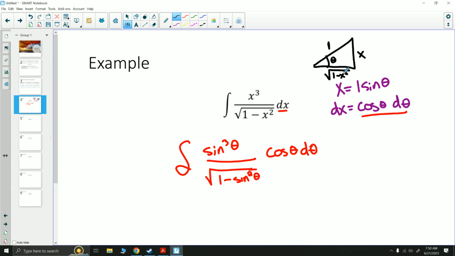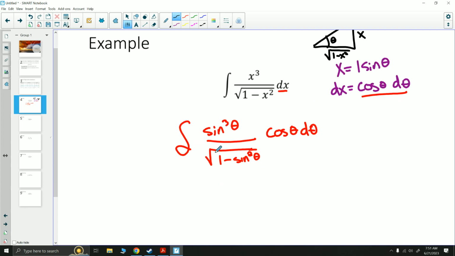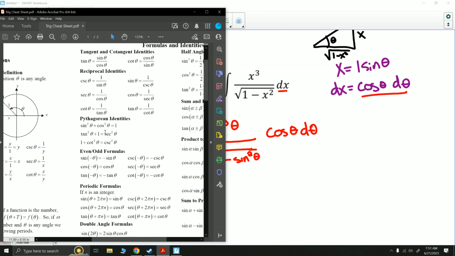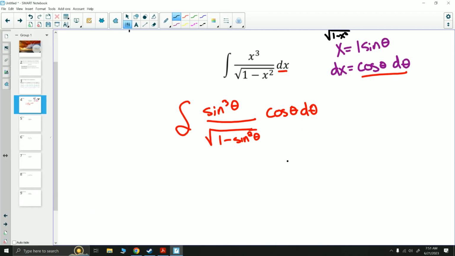So this thing squared plus this thing squared is 1 squared. All right, so we're going to clean this up a little bit. The square root of 1 minus x squared, and we'll use this later. The square root of 1 minus sine squared, well, if we go to our trig identities, we have the Pythagorean identities. So 1 minus sine squared is cosine squared.